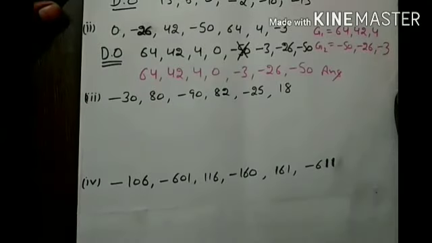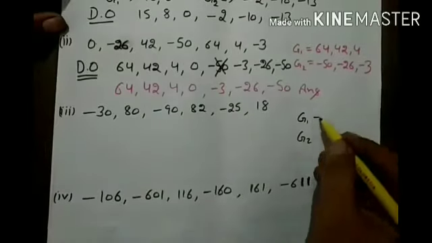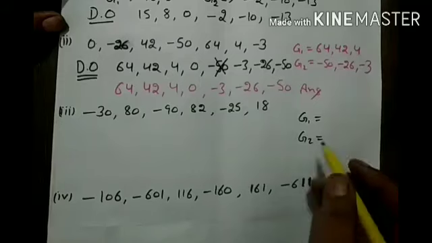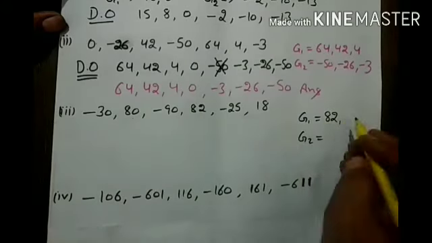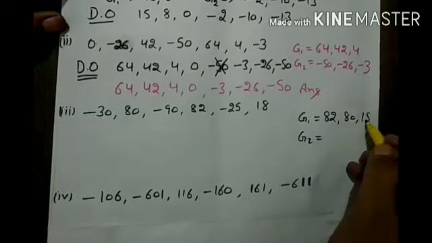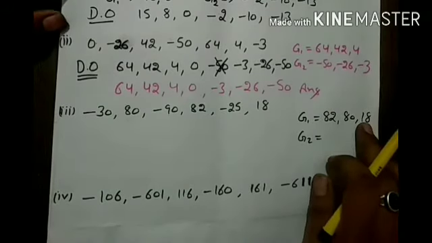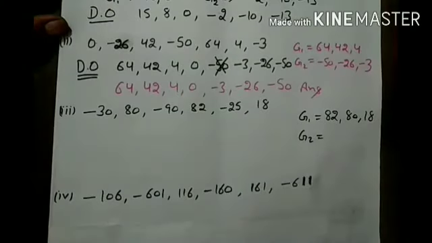Now on the third question, here again I will make group 1 and group 2. Group 1 is of positive integers 80, 82 and 18. So 82, 80 and 18. This is the greatest, after that smaller and then smallest. Here in this given group 0 is absent.